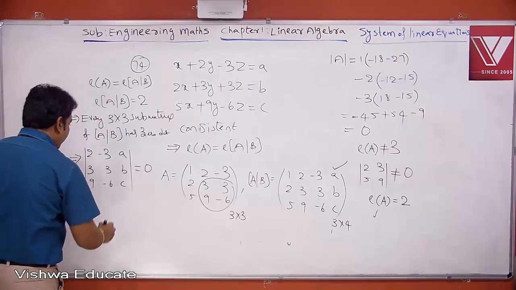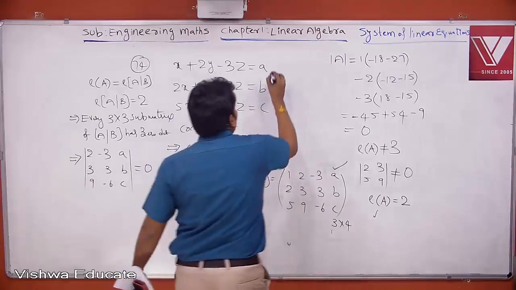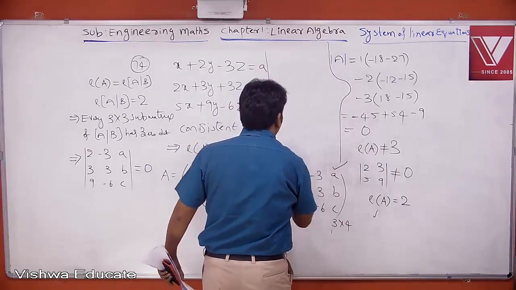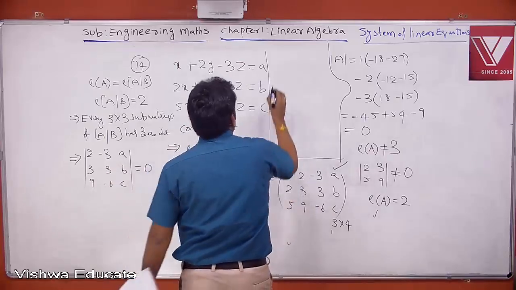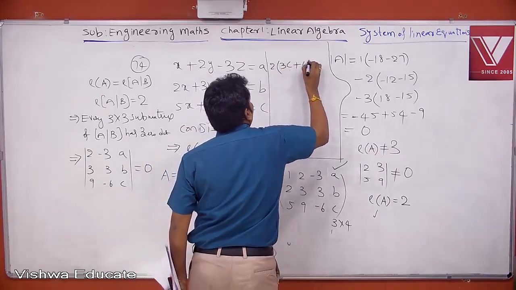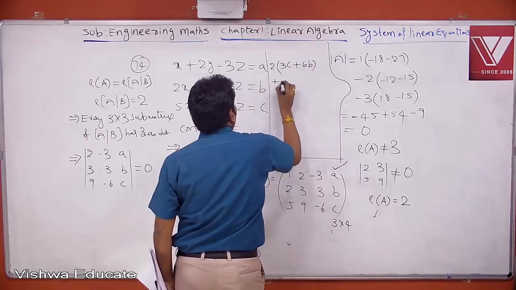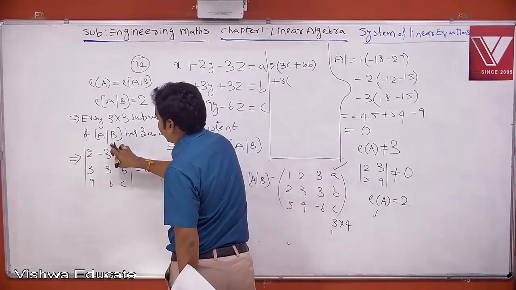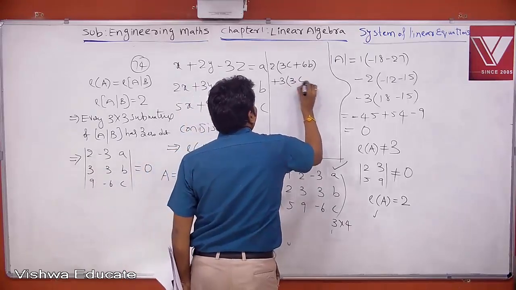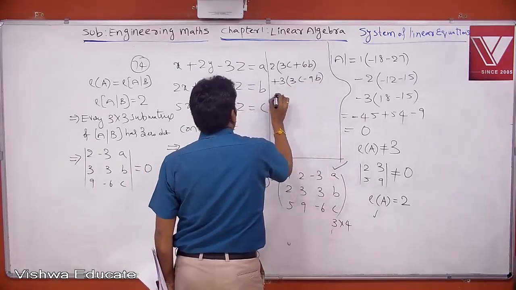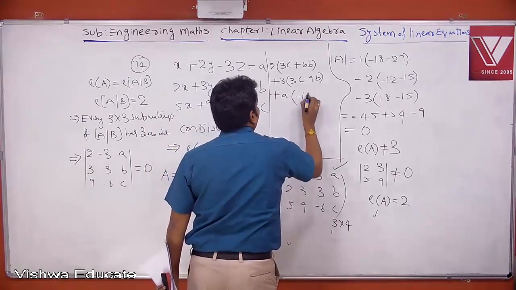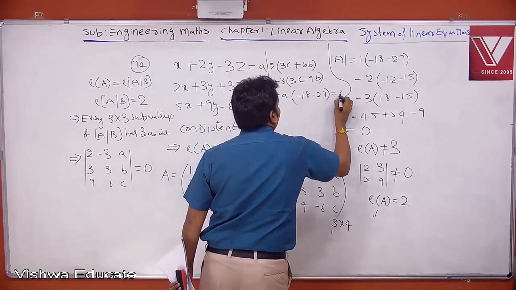Now let us simplify this determinant. So this is 2 into (3c plus 6b), plus 3 into (3c minus 9b), plus a into (minus 18 minus 27), equal to 0.